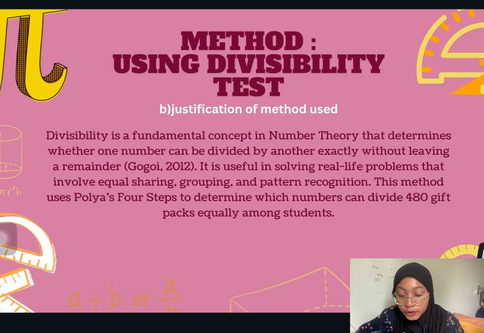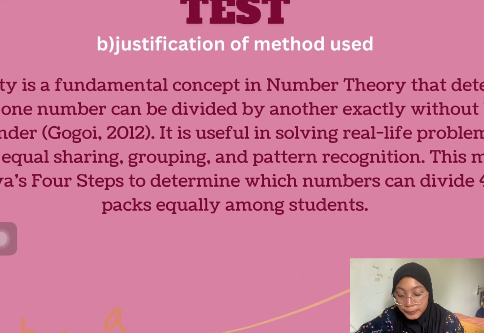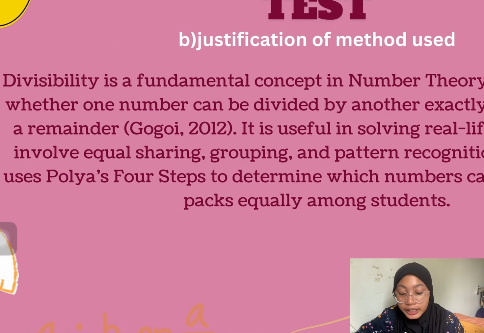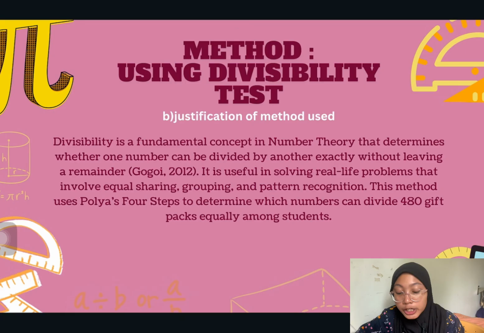It is useful in solving real-life problems that involve equal sharing, grouping, and pattern recognition. This method uses Polya's four steps to determine which number can divide 480 gift bags equally among students. So, in this question, we need to divide equally among all the students. We move to the next slide.